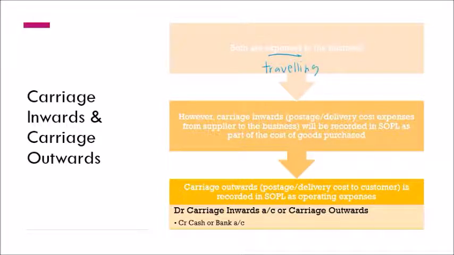However, carriage inward, the postage or delivery cost from supplier to business, will be recorded in the statement of profit or loss as part of the cost of goods purchased, while carriage outward is recorded in the SOPL as part of operational expense. So what are the differences of these expenses?